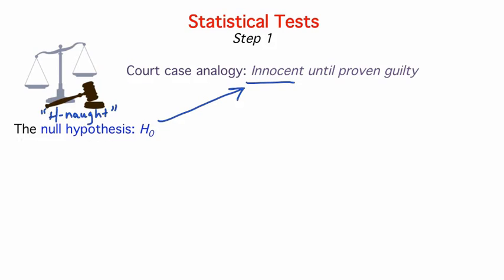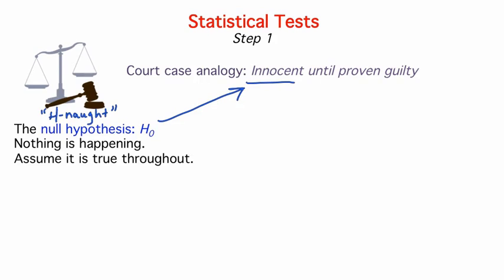The null hypothesis says that nothing is happening. That is, it's the status quo, or there is no relationship, or there are no differences. We use the null hypothesis as a working hypothesis. We assume it is true and see if our data are likely under that assumption, or if they contradict it.